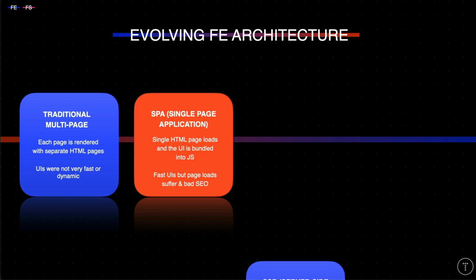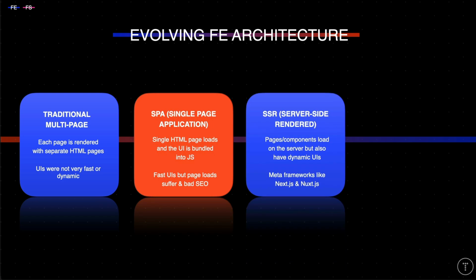So now we have what are called SSR or server-side rendered websites. This is where the page is initially rendered on the server by default and then sent to the browser, similar to traditional websites. However, we can still have that interactive, fast user interface by using client-side components in frameworks like React and Vue. So you really get the best of both worlds.